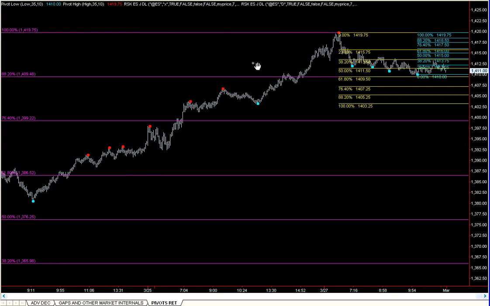And that way I've got a big Fibonacci number that I can expect possible changes to the market direction may take place when we hit those numbers.